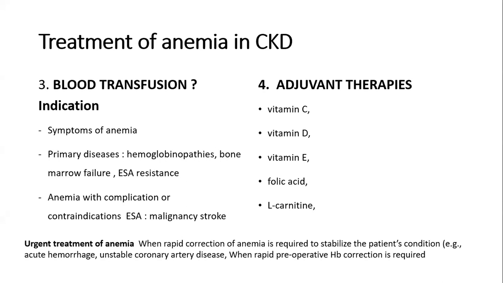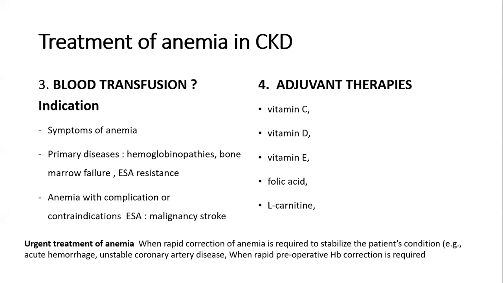We also give blood when you have bone marrow failure, when the reticulocyte count is still normal or low, or when you assess the patient after starting erythropoietin stimulating agent and you find there is resistance.